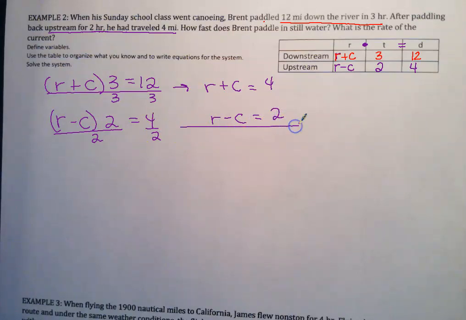Now we can add them together because the C's cancel, so we're left with 2R equals 6. Divide by 2. R equals 3. 3 miles an hour, MPH. Is that the answer? Well, that's one of the answers.